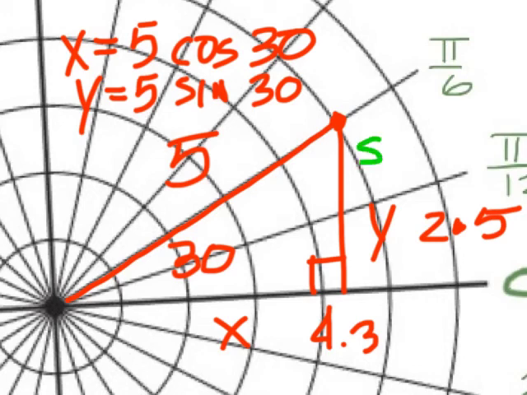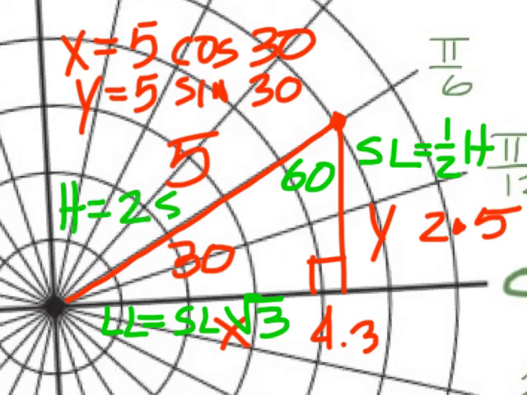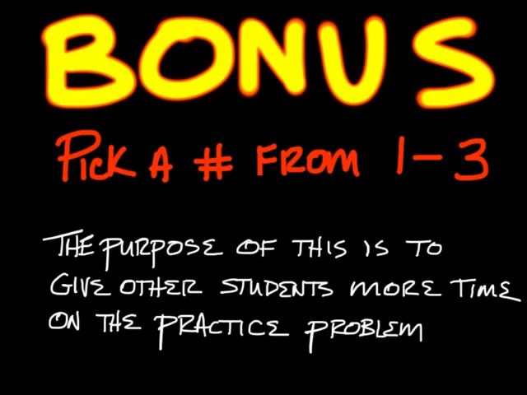For the 30, 60, 90, this is the short leg. The short leg is equivalent to half of the hypotenuse. The side across from the 60-degree angle is the long leg. It's equal to short leg times square root of 3. And of course the hypotenuse is going to be twice the short leg, so that'll save you some time in the future so you don't have to do sine and cosine for these.